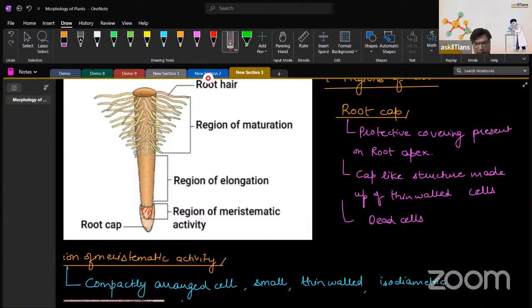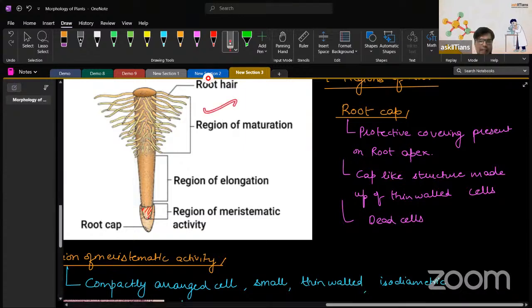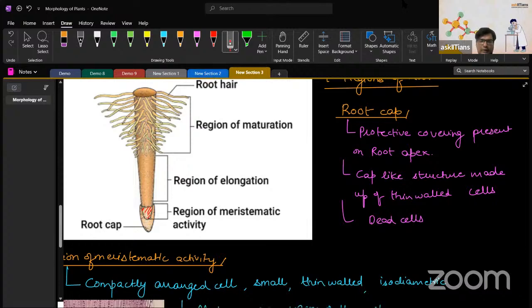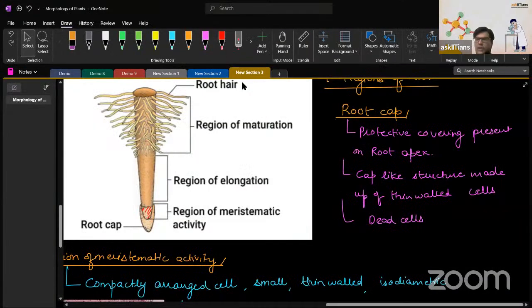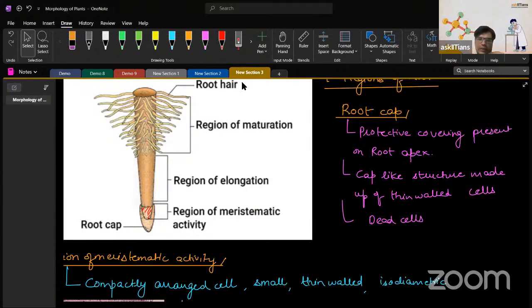After that, we have the maturation zone present just above the region of elongation. In the maturation zone, there are unicellular root hairs, which are formed from the epidermal cells.